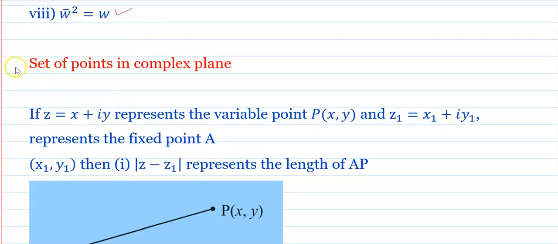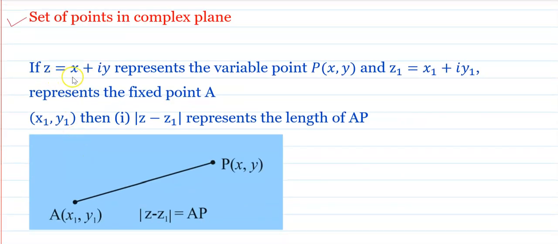Now the set of points in the complex plane. If z is equal to x plus iy, it represents the variable point (x, y), and z1 is equal to x1 plus i times y1, which represents the fixed point A. This is the fixed point.